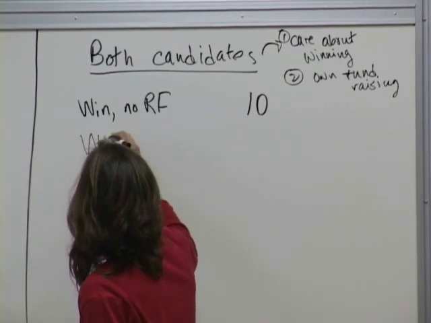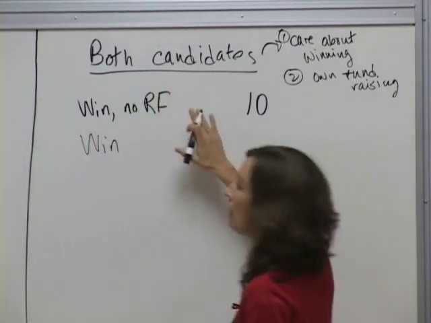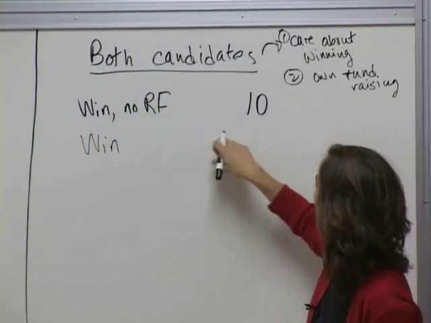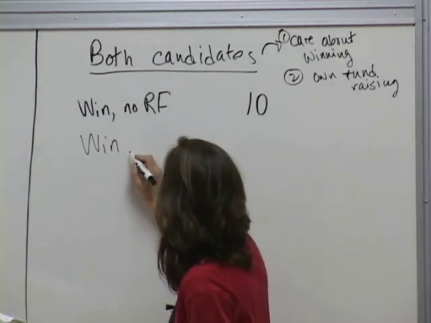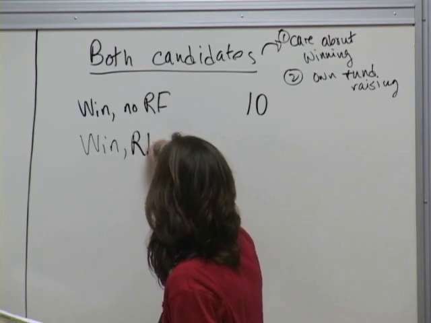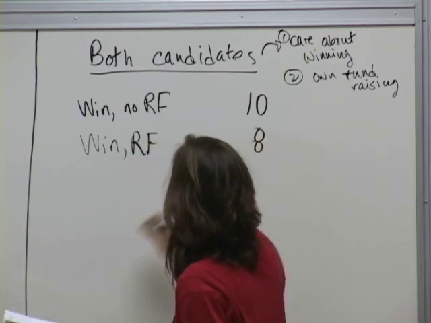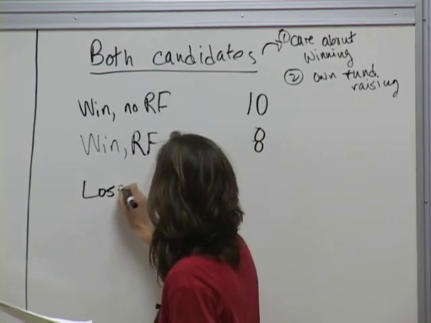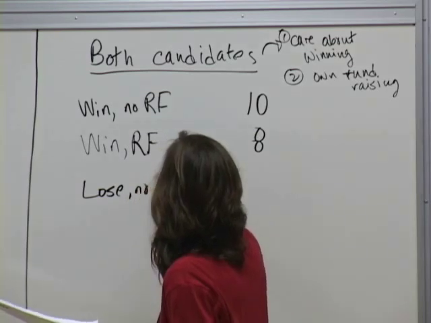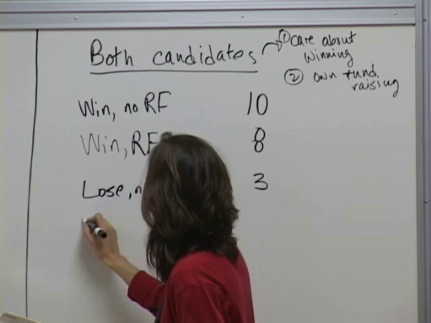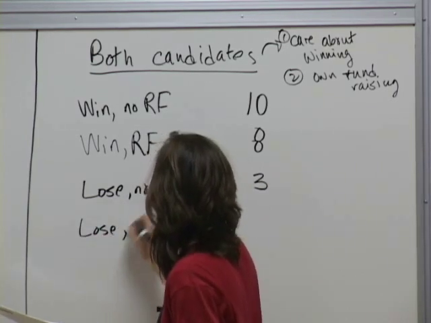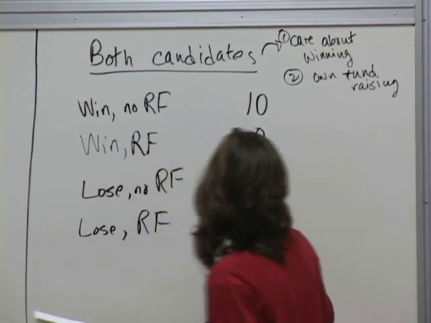The other possible outcomes, now I've got both candidates together, so all of these are going to be possible for at least one player. Winning with raising funds was worth 8. Losing, no fundraising was worth 3. And losing, raising funds, that was the worst outcome.